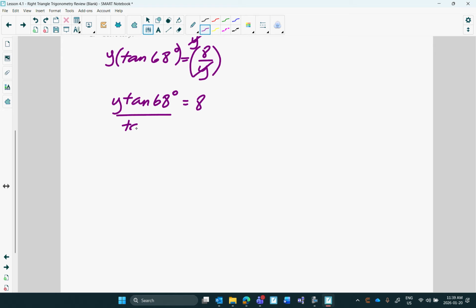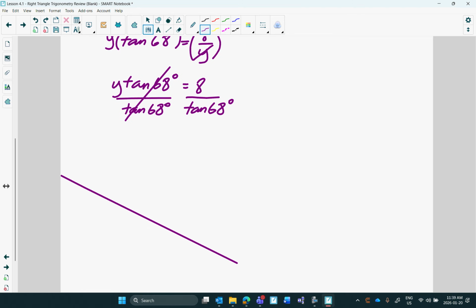Divide by tan 68. Whatever you do to one side, you do to the other. So to calculate my missing side, I'm going to divide, and round to 2 decimal places again. So I'm going to get y is approximately 3.23.